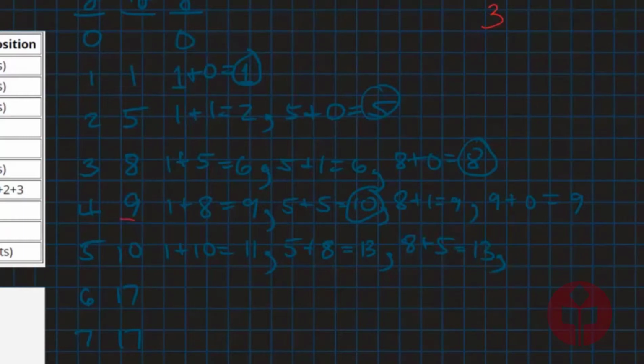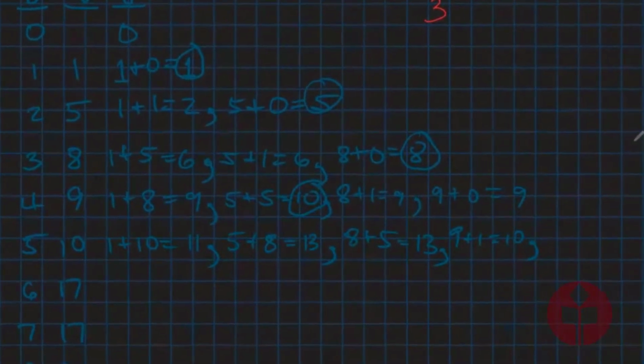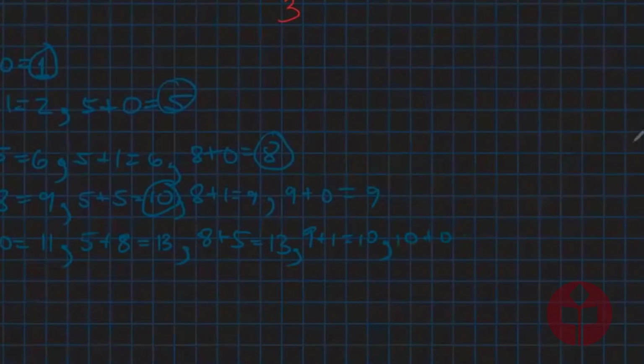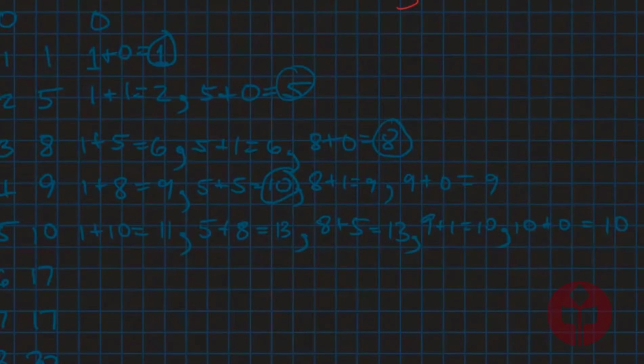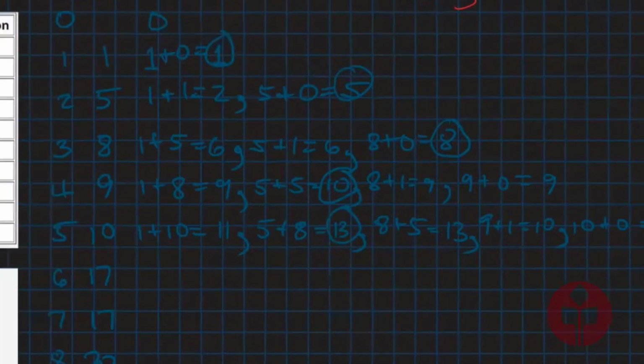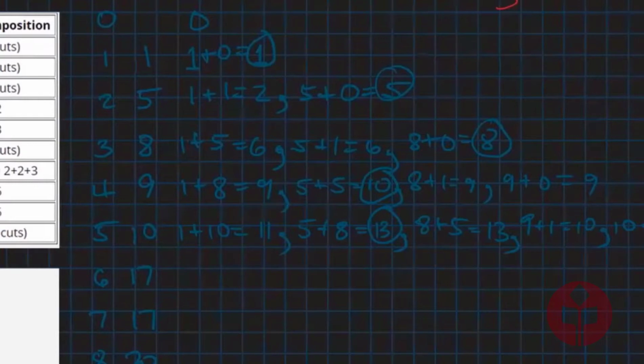We do 9 and 1. 9 plus 1 is 10. And then our fifth and final calculation, we calculate 10 and 0, the sum. So 10 plus 0 is 10. And again, since we're trying to find the maximum, we would end up with this 13. It's the first time we see 13. Okay? Going on to the sixth iteration.